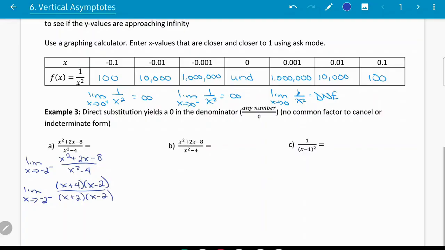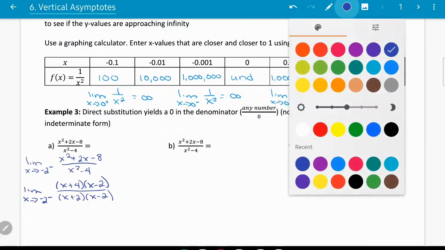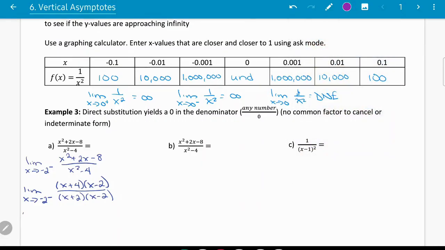And so we can see that there's a hole at x equals 2. But we're going to go ahead and, so we have the limit as x approaches negative 2 from the left of x plus 4 over x plus 2.